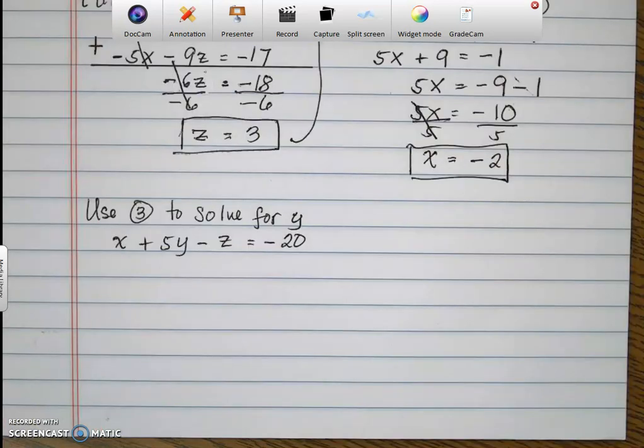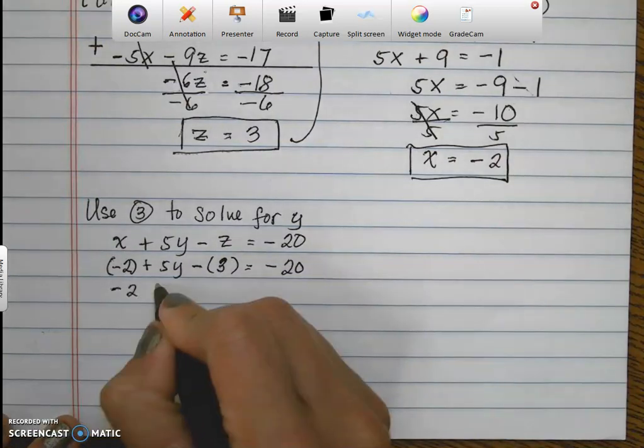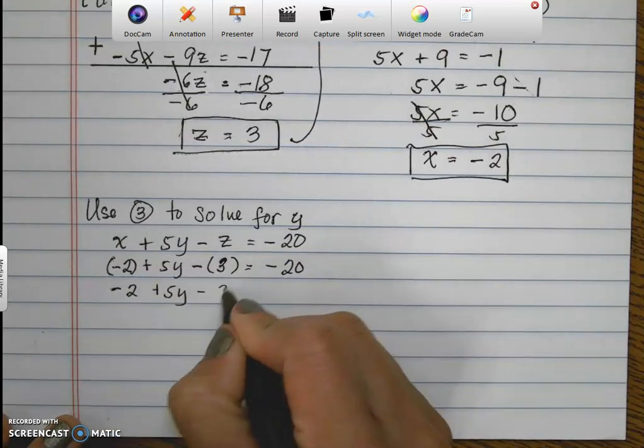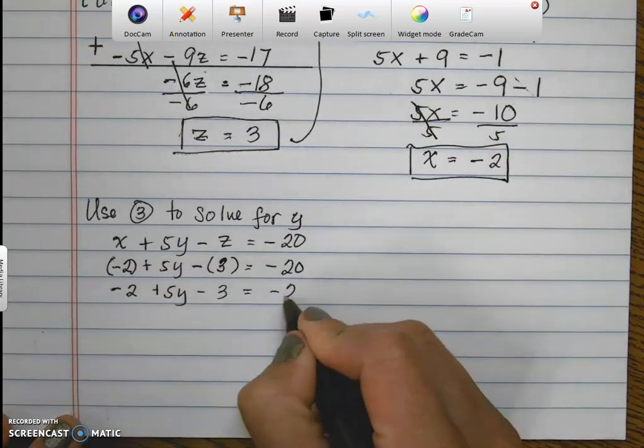All right, so copy down the equation and then change up the z and the x to parentheses like this. So x becomes parentheses because we're going to plug in negative 2 inside it later. And then copy down the plus 5y, minus z again turns to a parentheses, equals negative 20. Plug in negative 2 in place of x, and then plug in the 3 in place of the z, and then solve. So this becomes negative 2 plus 5y minus 3 equals negative 20.